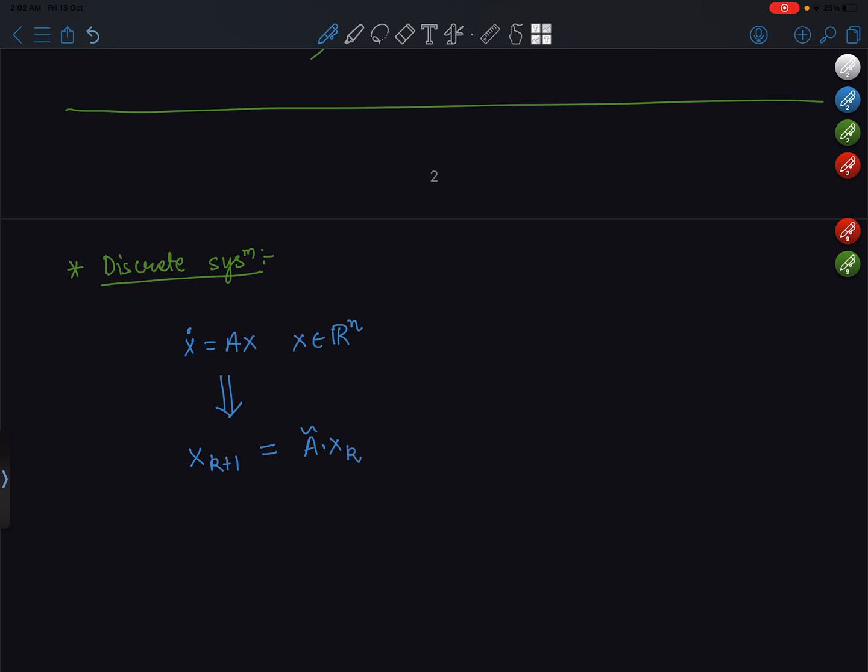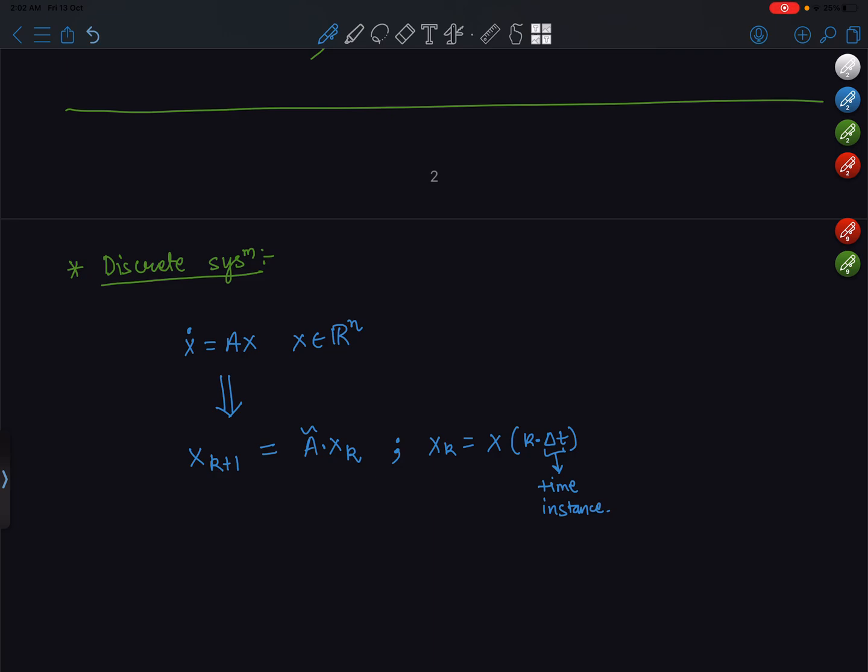We'll discuss the relation. Delta t is the step time at which we are observing the state.